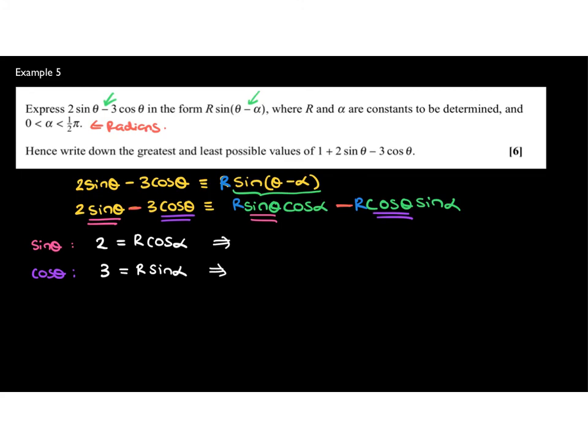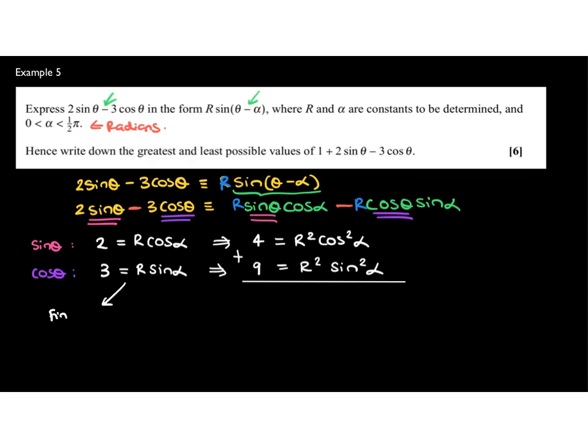Now, we can square both, so we get 4 equals r squared cos squared alpha. 9 equals r squared sine squared alpha, and then we can add both of these results together. Notice we could actually, if we wanted to, find alpha first. It is a distinct possibility if you divide the sine equation by the cosine equation.